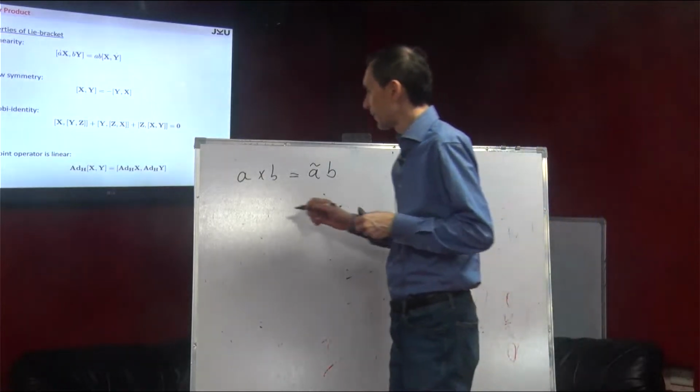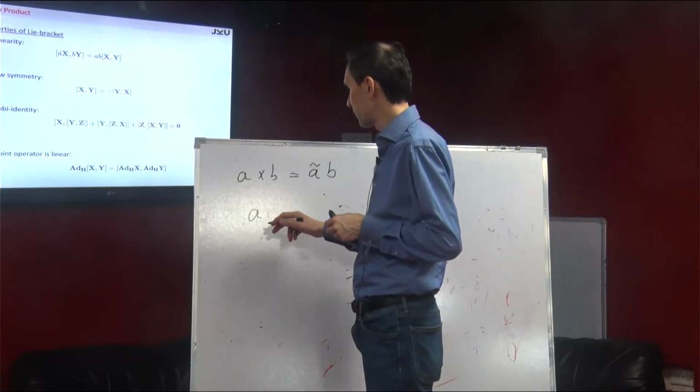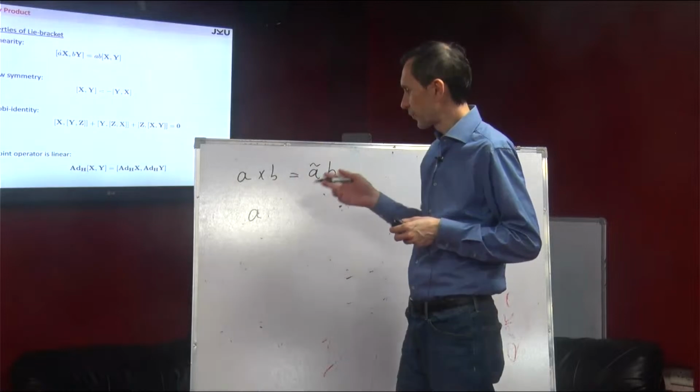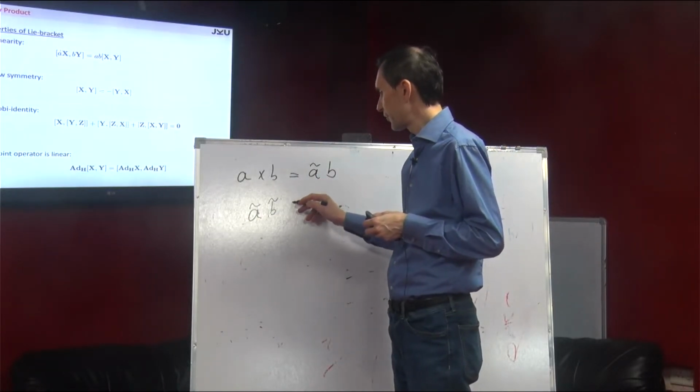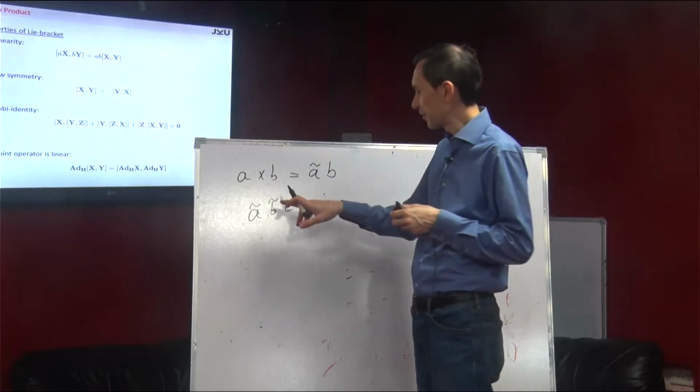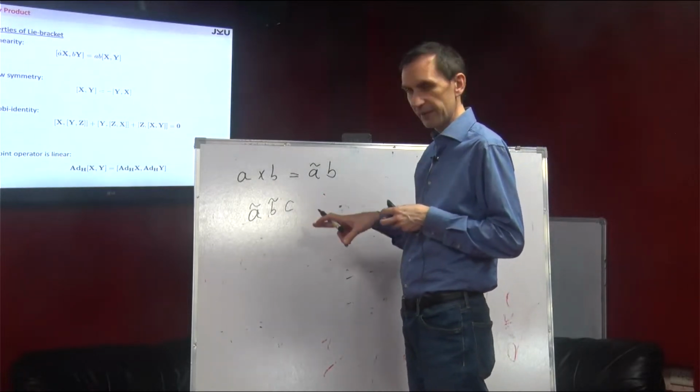The question is, if you take the double cross product of A, B, and C, which is now A cross B cross C.